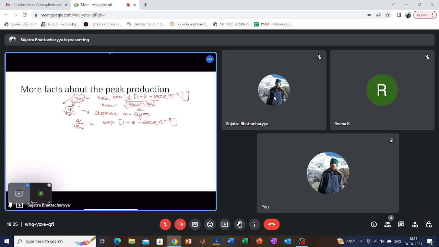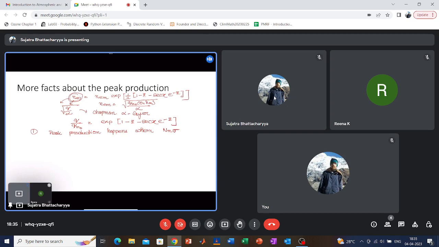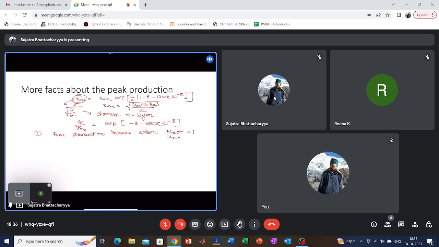The first thing is that there is a condition: peak production happens when the number density of the ions or the electrons times sigma, the area of cross section, is equal to 1, or Nm should be equal to sigma inverse.